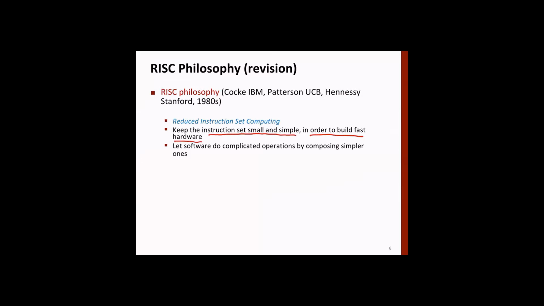Their claim is that if an instruction is difficult, then its implementation will require more complex circuitry, and there is no need for that, because a high-level language program can easily be split into simple instructions that can run faster because more hardware is available to them. So let software do complicated operations by composing simpler ones.